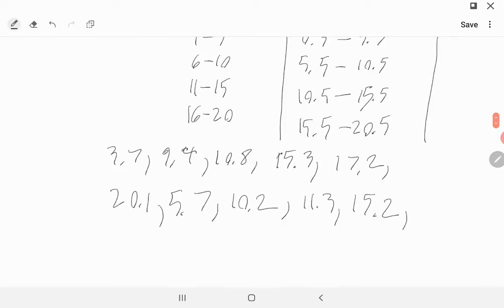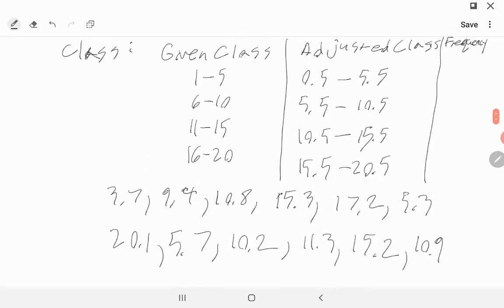Let's just grab one or two more. Let's toss in 5.3 and 10.9. So we notice that we can chart frequencies.